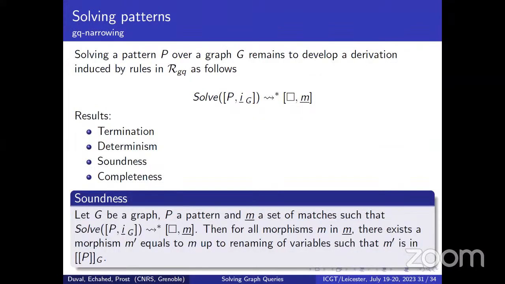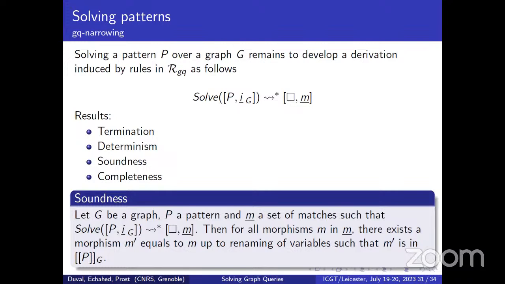So to solve a pattern P over a graph G, we should start with this configuration, this term, where IG is a kind of identity, as in classical theorem proving, but here it is the singleton of the morphism going from the empty graph to this graph. Okay, and we try to use the set of rules until this normal form.